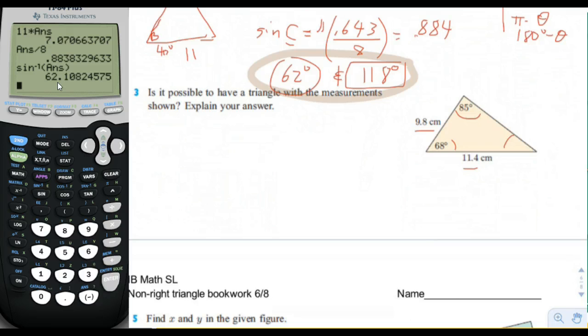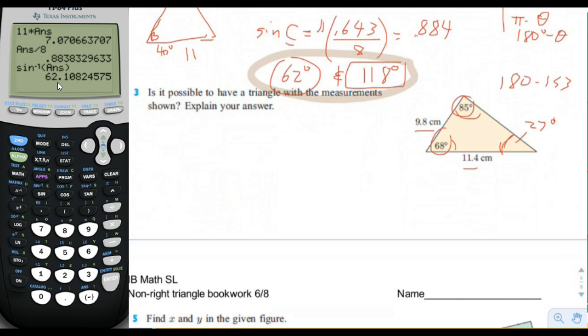So we add up these two, and they add up to 153. We'll take 180 and subtract 153, so this angle here is 27 degrees.